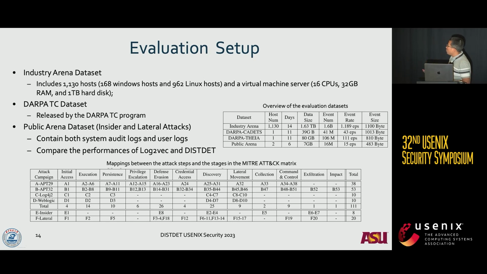The second dataset is the DARPA TC dataset, which is generated by the DARPA TC programs. The third dataset we call the public arena dataset, where we perform an insider attack and a lateral attack in our lab settings, and then we collect both the user log and the system audit log. This is because to compare with related work like Log2Vec, we need the user logs as well.